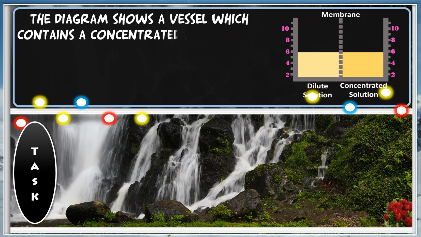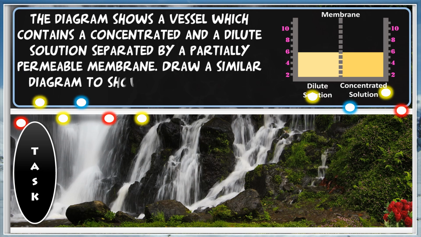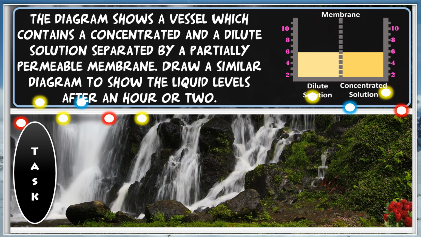The diagram shows a vessel which contains a concentrated and a dilute solution separated by a partially permeable membrane. Draw a similar diagram to show the liquid level after an hour or 2.